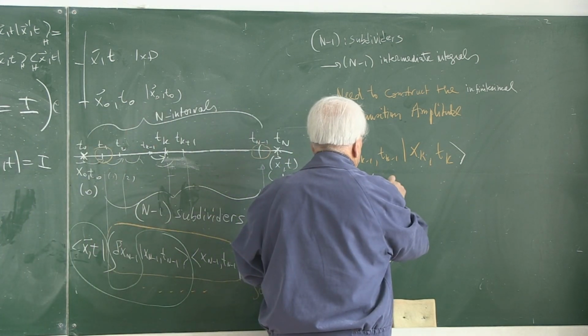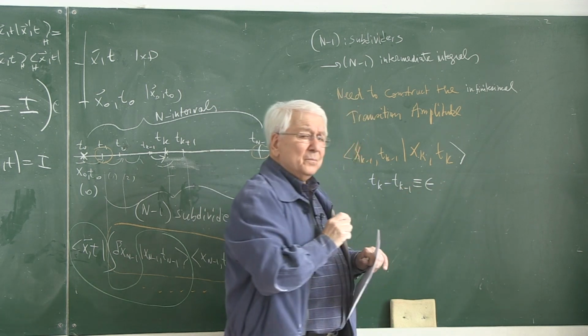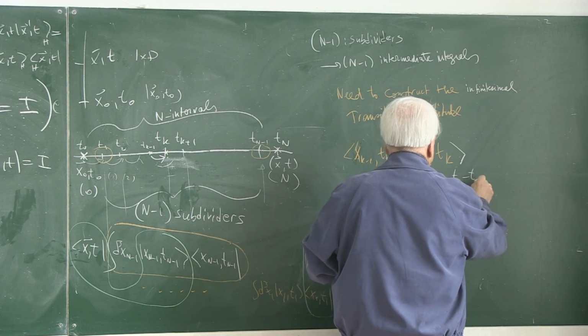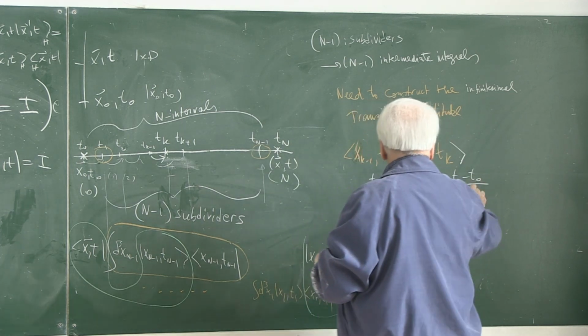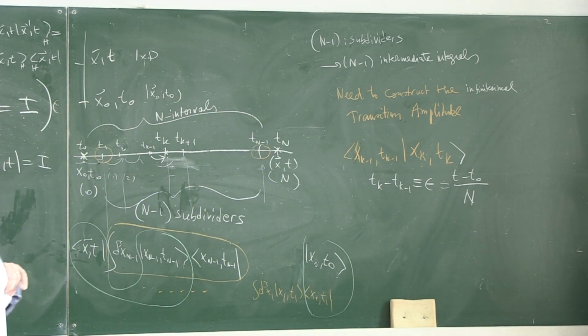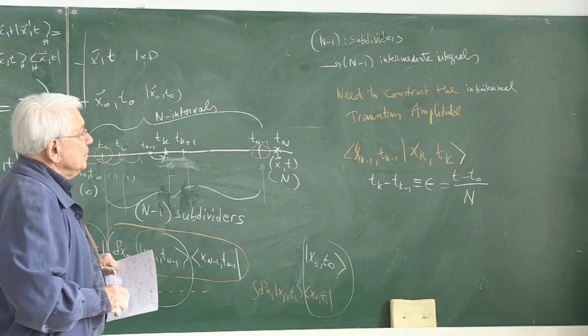I define t_k minus t_{k-1} as epsilon, and this epsilon is equal to (T minus t0) divided by n, right? This is the correct definition, I guess. T minus t0 is the finite interval, and there are n many of them, so it is indeed epsilon, the infinitesimal one.